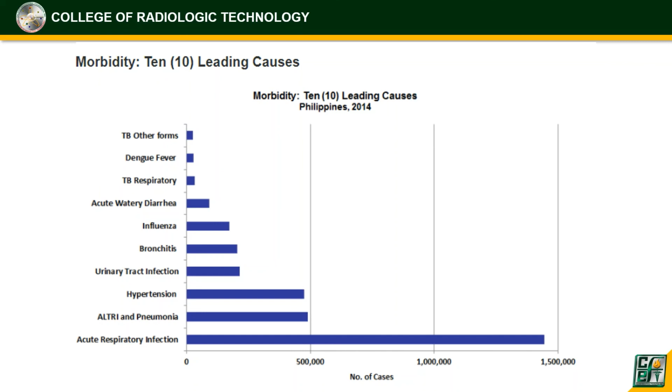Then we have, followed by pneumonia and acute lower respiratory tract infection, followed by hypertension and urinary tract infection, followed by bronchitis, influenza, and acute watery diarrhea. Then pulmonary tuberculosis or TB respiratory, dengue fever, and other forms of TB.